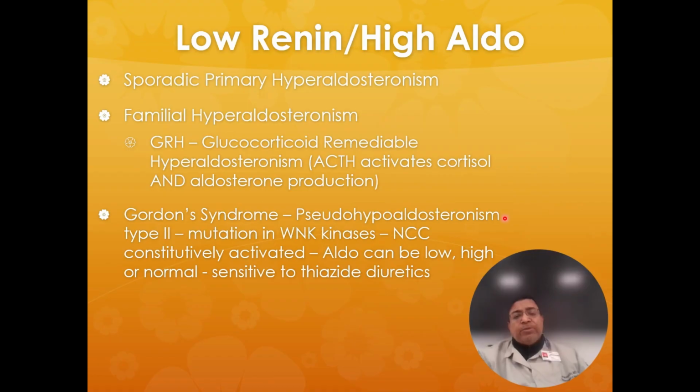Pseudohypoaldosteronism type 2 is Gordon syndrome, in which mutation in WNK kinases leads to constitutive activation of the sodium chloride cotransporter. Aldo can be low, high, or normal, and this syndrome is sensitive to thiazide diuretics.